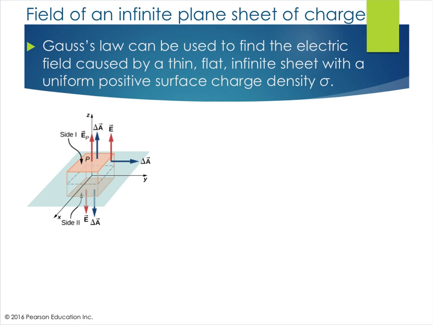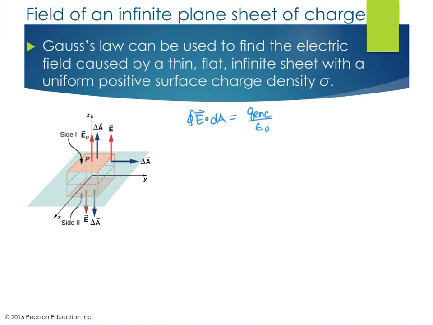And what we're going to do in this case is take a cube shape for our Gaussian surface. I'm just going to rewrite Gauss's law down again, because that's always going to be where we start.